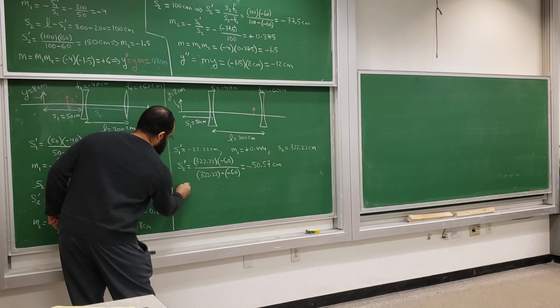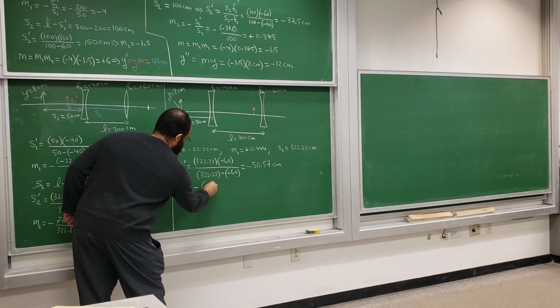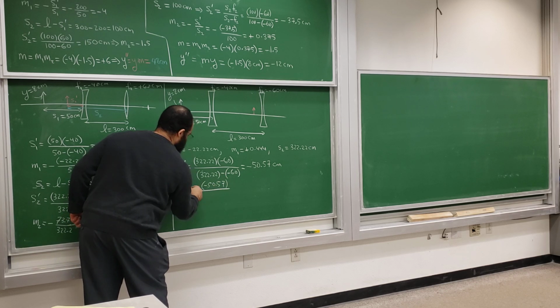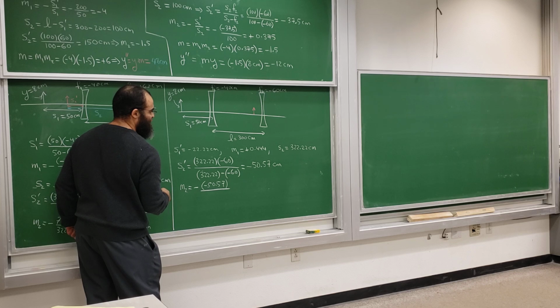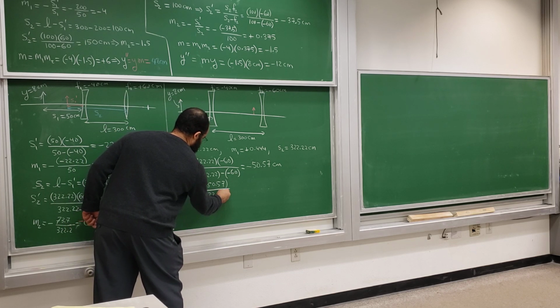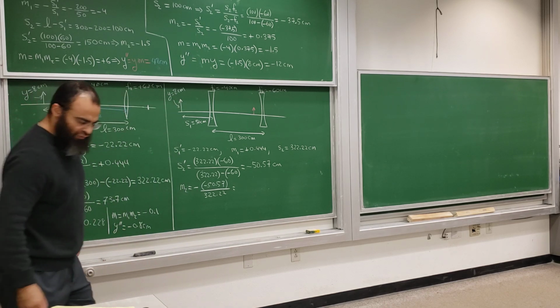So here, M2 is going to be minus 50.57 over S2. What is S2 again? 322. So that magnification M2 is 0.157.